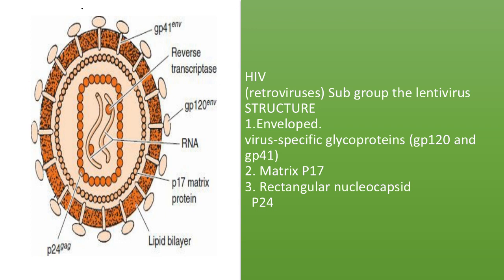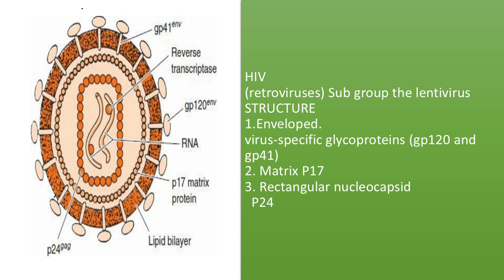Now this envelope has specific glycoproteins. One is mushroom-like, and this mushroom-like glycoprotein is known as GP120. It is an envelope protein, and the function of GP120 is that it binds the CD4 receptor on the host cell, and it helps in the attachment.